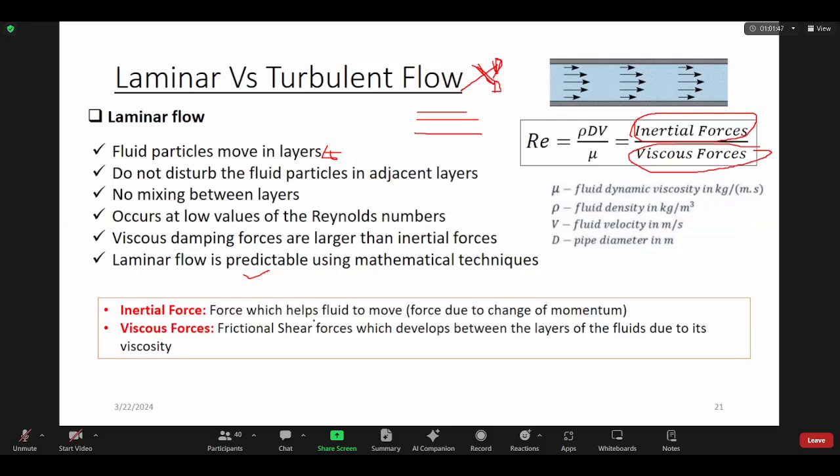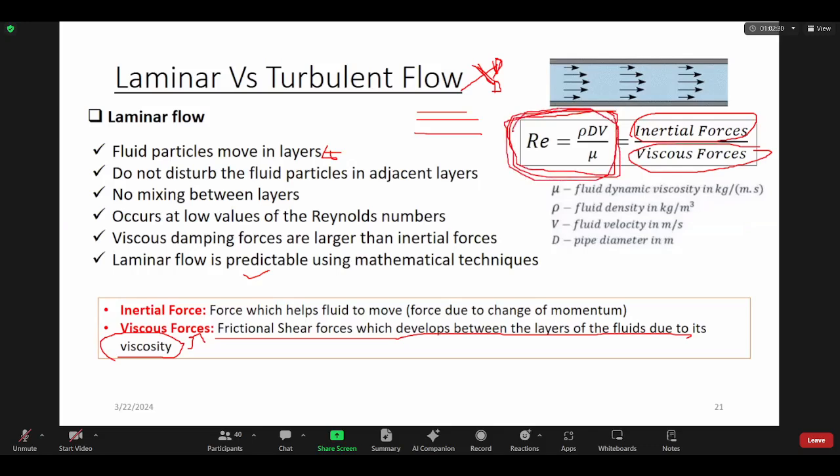Inertial force means the force which helps fluid to move. Then viscous force means the frictional shear forces which develop between layers of the fluid due to its viscosity. So you should remember the Reynolds number equation.